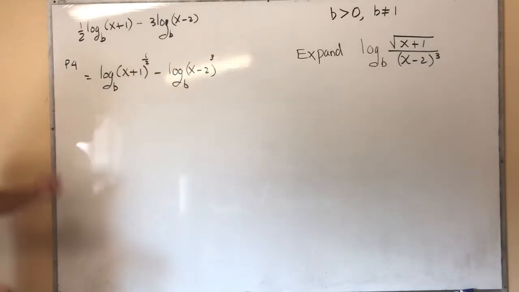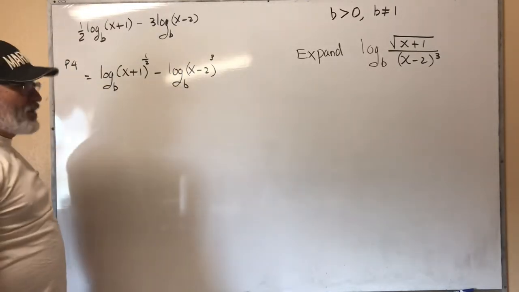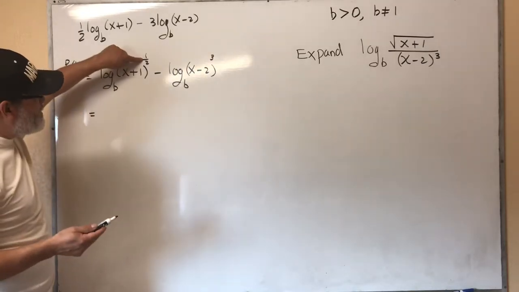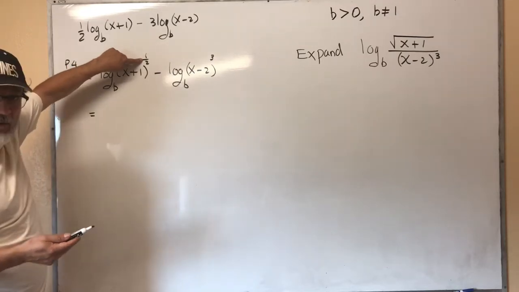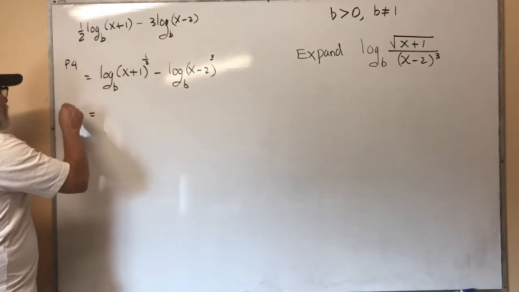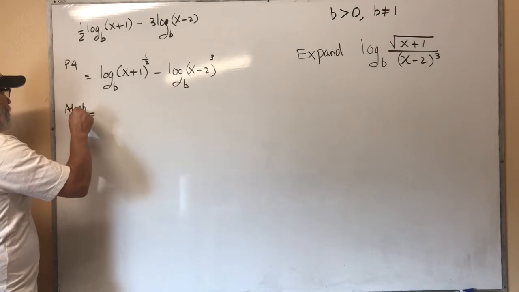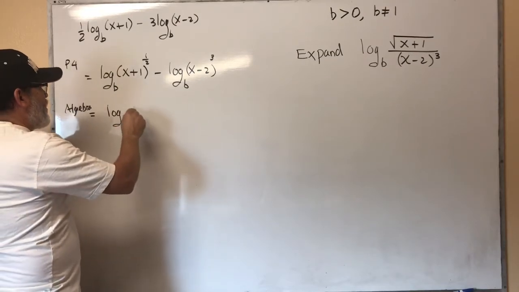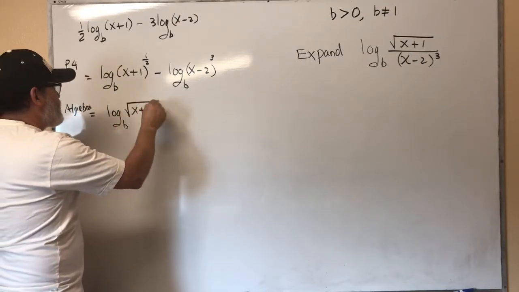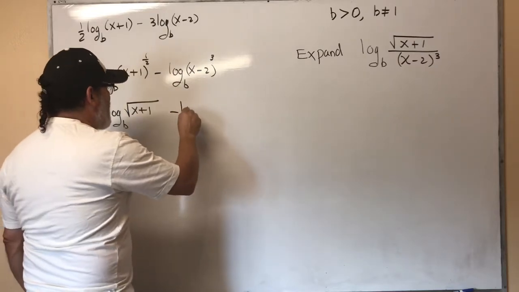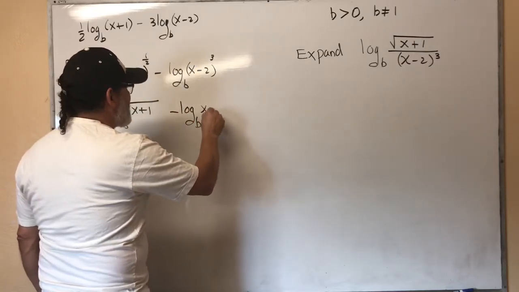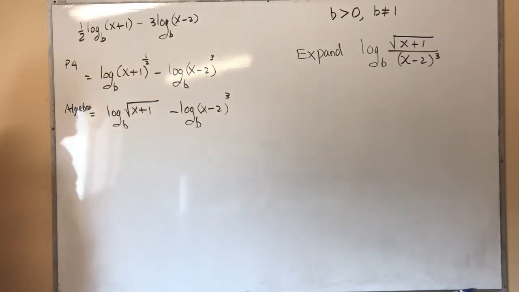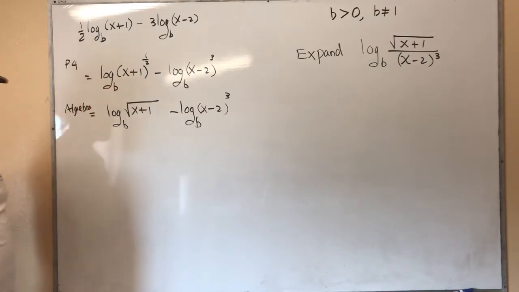That's property number 4. Okay. By algebra, this can become a radical. So, algebra. This becomes log base b of the square root of x plus 1 minus log base b of x minus 2 to the third. That's algebra. I just expressed this as a radical.